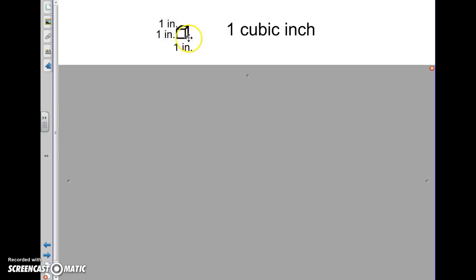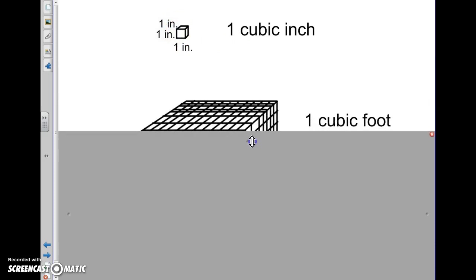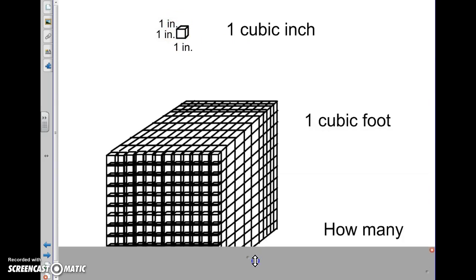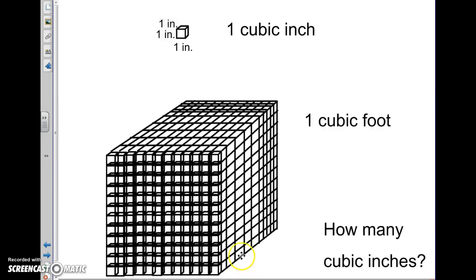However, it's not the case, because if we line 12 of these up, the length would then be 12 inches, but the height would still be just 1 inch, and the width would still be just 1 inch. What we have to do to create 1 cubic foot is have all of those dimensions be 12.